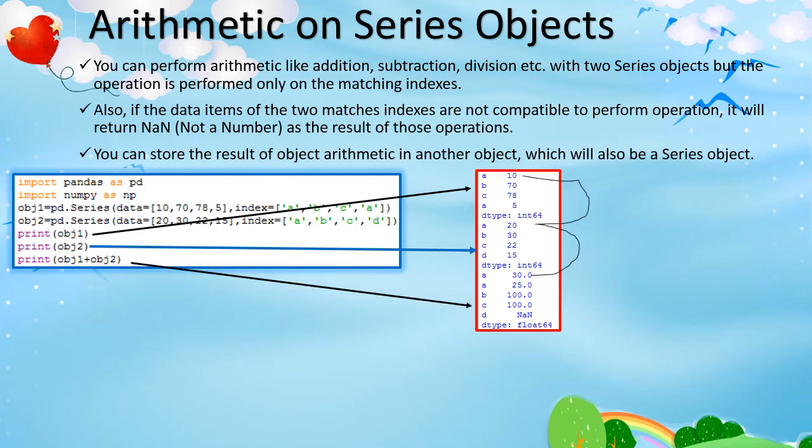The first object has two same labels A. So first the 10 is added with the second object's A label 20, so we get the result 30. At the same time, the first object's other A value is added with the second object's A label, so 5 plus 20 is 25 also, printed. Next B is added, and then the C labels of both objects are added, and D is not present in the first object, so not a number is returned.